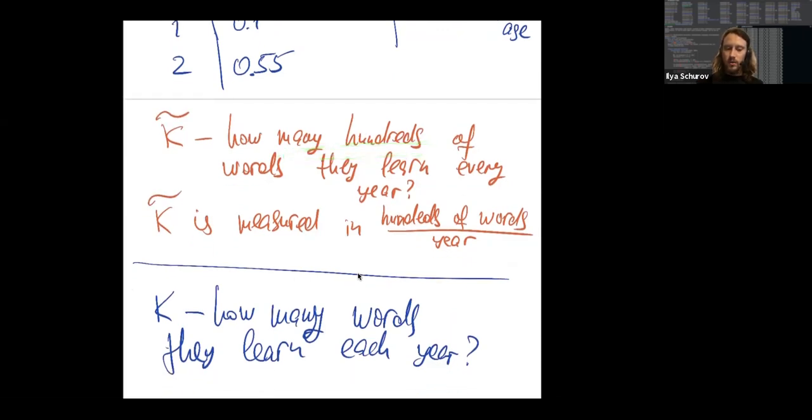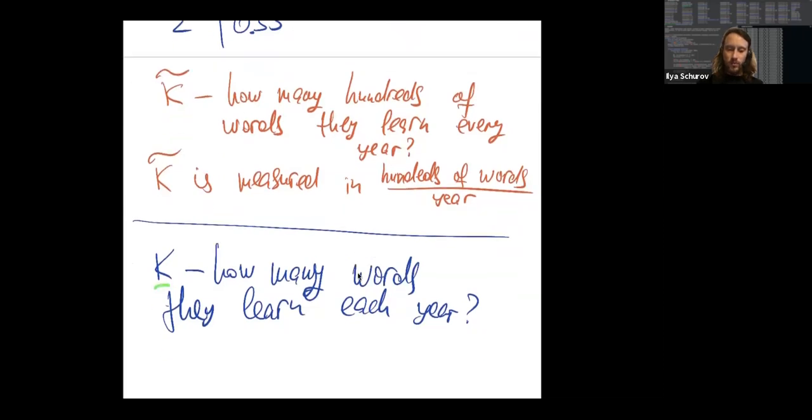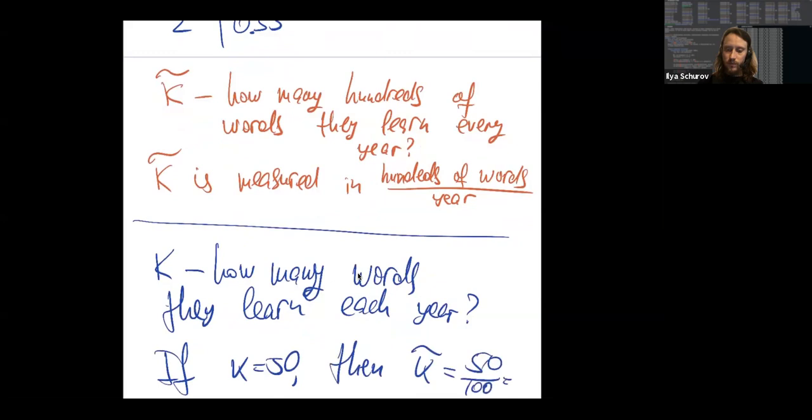Just think how this value k and k tilde are related to each other. So if, for example, k equals 50, then k tilde equals 50 over 100, it is 1/2.